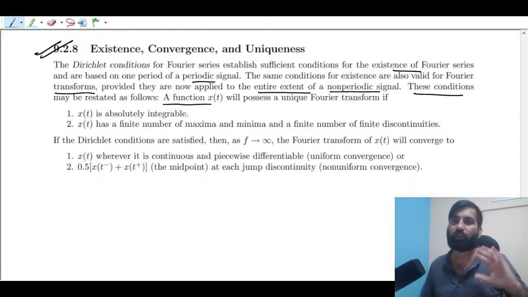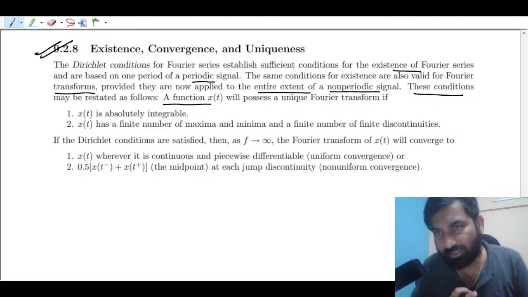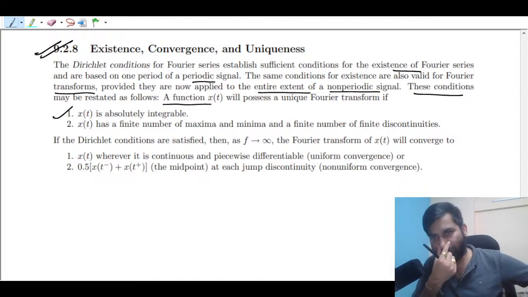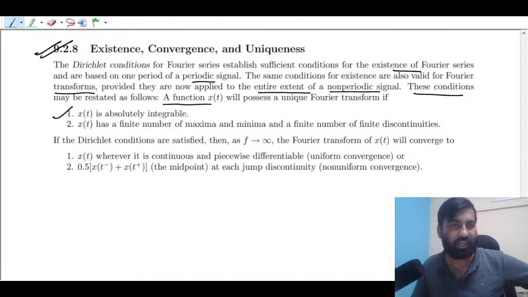For Fourier series we look at a particular one interval. If for one interval everything is okay, as long as it is a periodic signal, right? So x(t) must be absolutely integrable, okay? x(t) has a finite number of maxima and minima and a finite number of finite discontinuities.